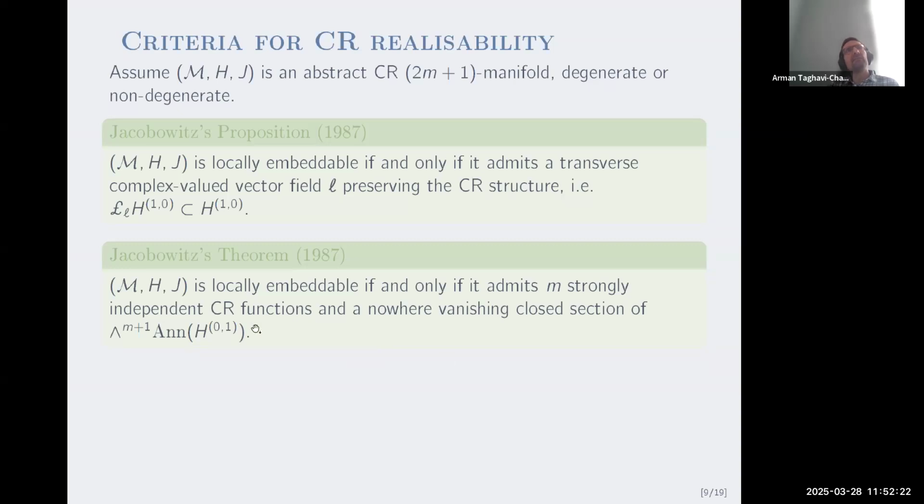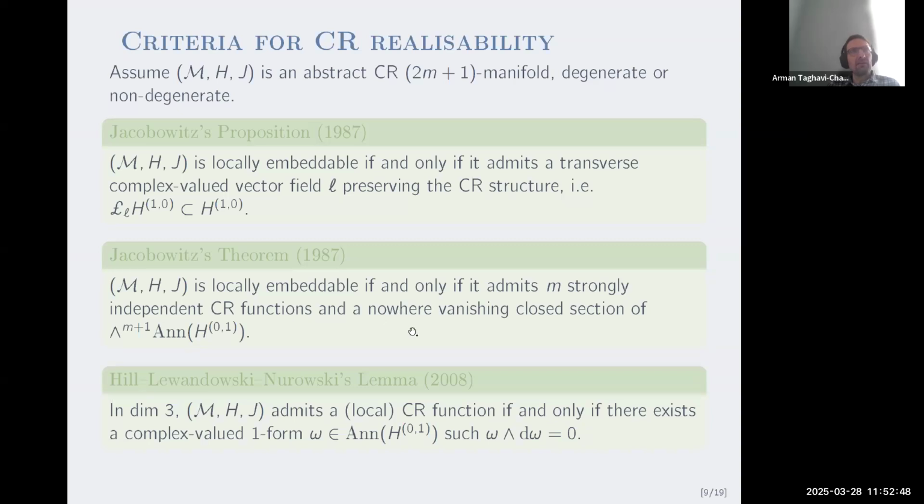But for this missing CR function, if you know that you have a nowhere vanishing closed section of the canonical bundle, then you have local embeddability. These theorems are quite important, but maybe underestimated.